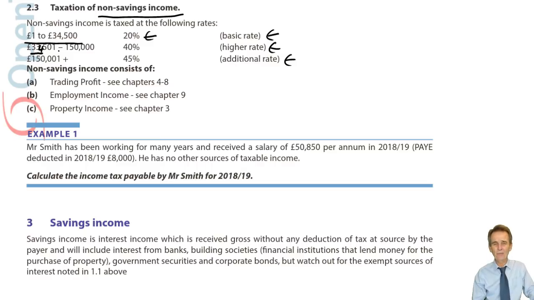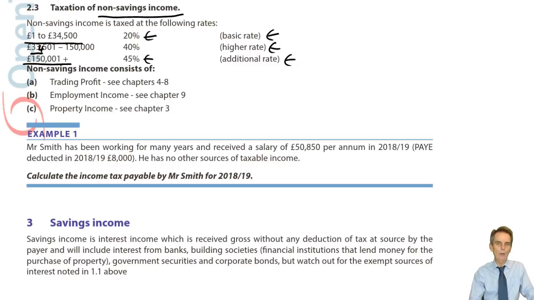And that is 40% there. Now that is doubling the tax rate, as you can see. Again, that's a much bigger band before you get to the additional rate at 45%. So a small increase over and above higher rate, obviously 5% there, but at least not another doubling of the tax rate. And that's on any taxable income in excess of £150,000.